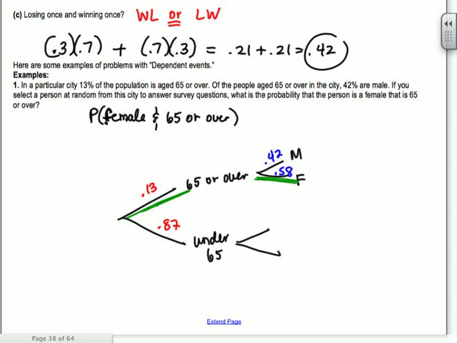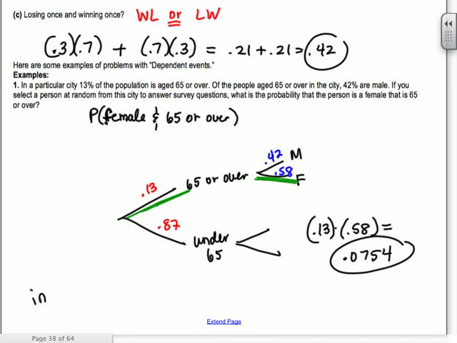This is dependent. I'll explain why. Okay, so we're going to do 0.13 times 0.58. So you get 0.0754. So between 7 and 8% of the people in that city are going to be female and 65 or over.